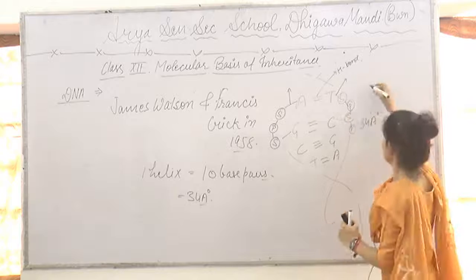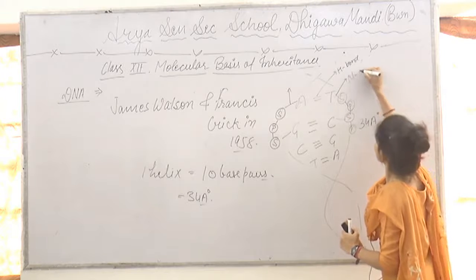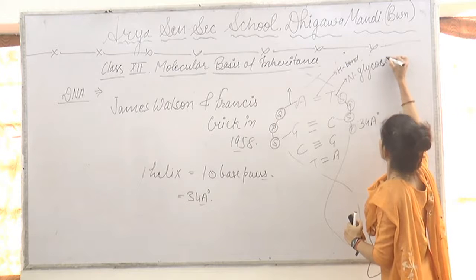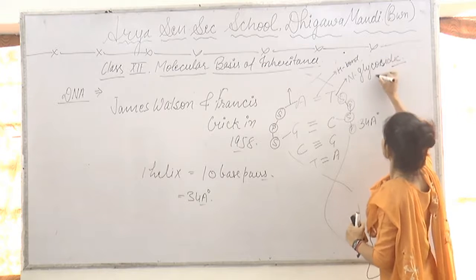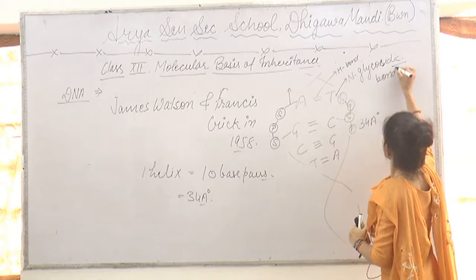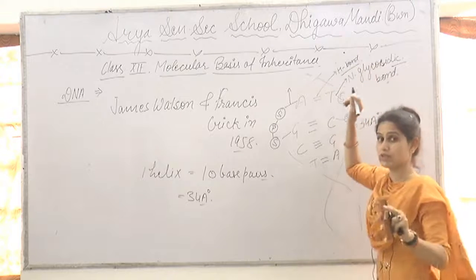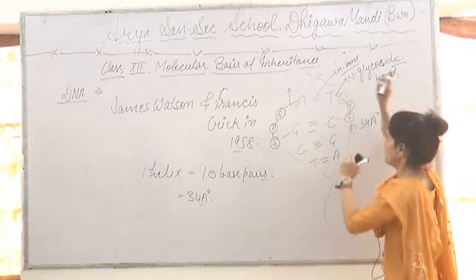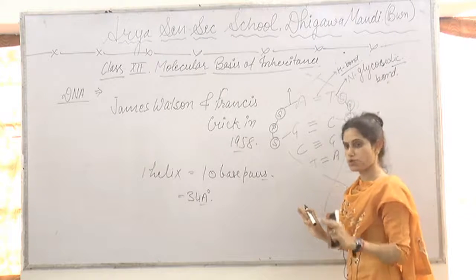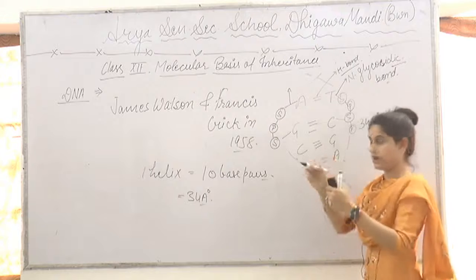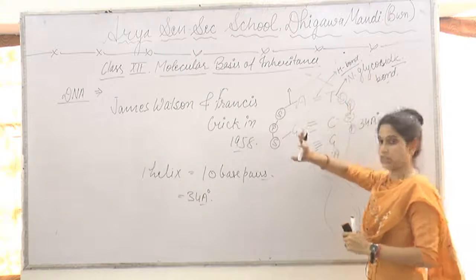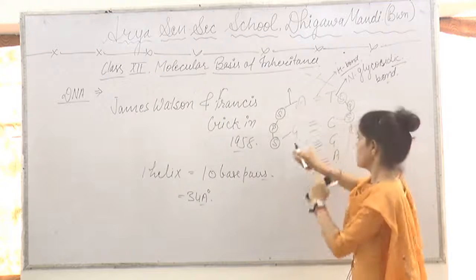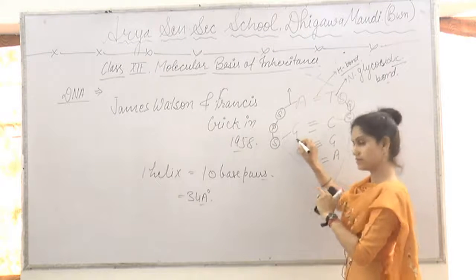This bond is N-glycosidic bond. We covered two types of bonds. One is hydrogen bond and another one is N-glycosidic bond. Hydrogen bond is present in between both of the complementary strands, and N-glycosidic bond is present between pentose sugar and nitrogenous base. This is pentose sugar and this is nitrogenous base.